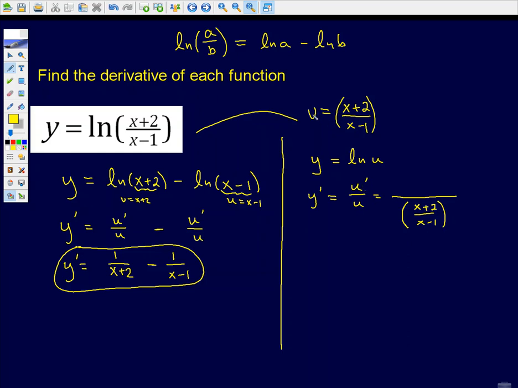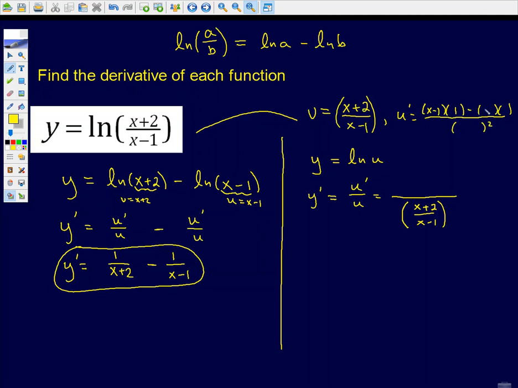Well, look at this. U is x plus 2 over x minus 1. So for u prime, guess what? We need the quotient rule for u prime. So we have to do all of this other work here. We have to do low d high minus high d low, all over the square of what's below. Fill it all in. Low d high would be x minus 1 times 1.